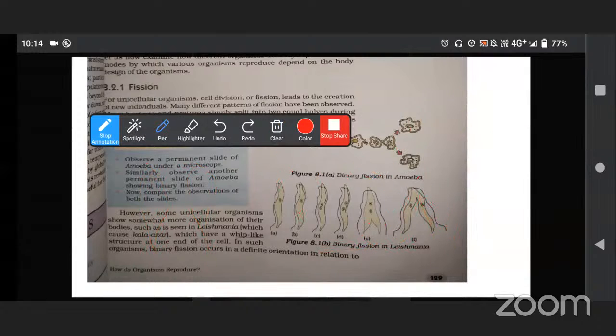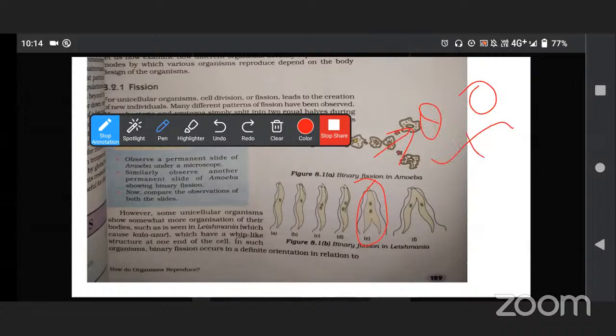From this, we can say that binary fission is a process of cell division. When cell division occurs, their nucleus starts to grow. Then DNA copying takes place, and ultimately their cytoplasm, meaning the inner portion of their cell, also starts to grow and separates from the parent cell, and it forms two new individuals.